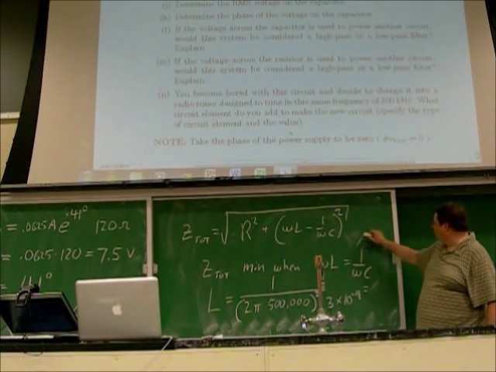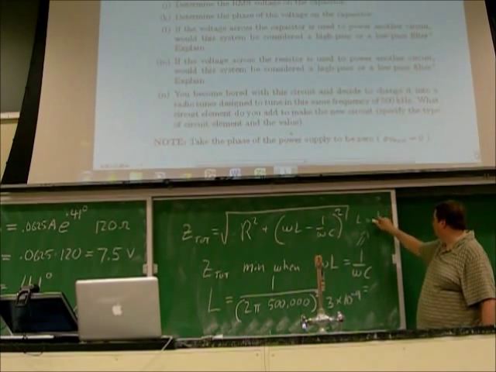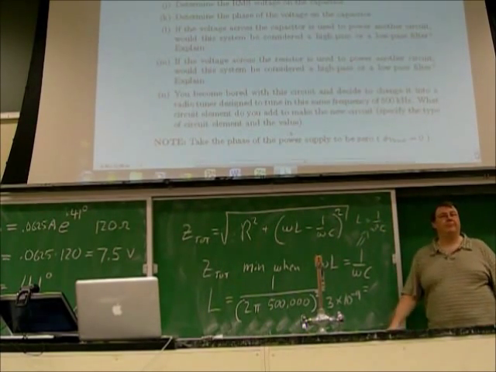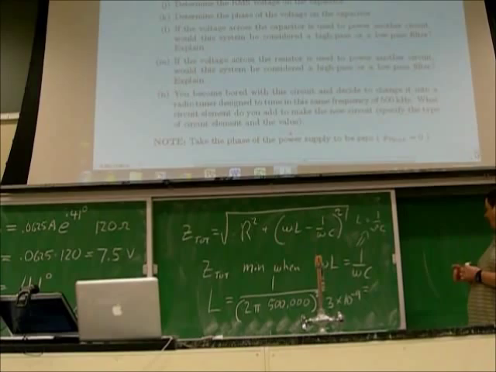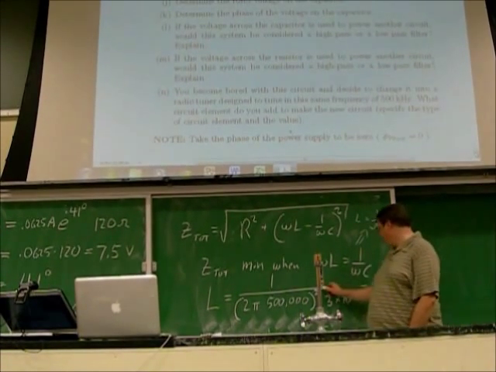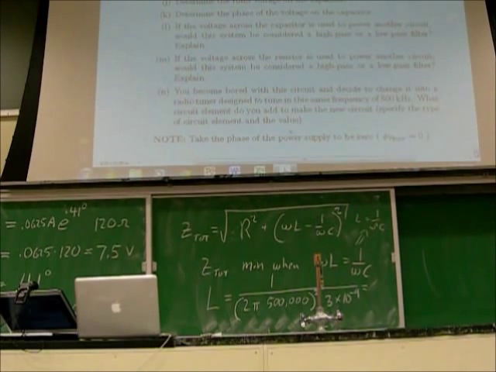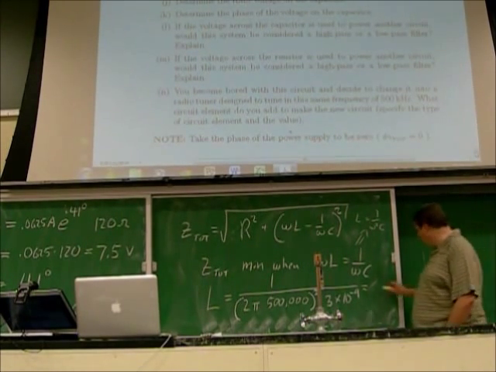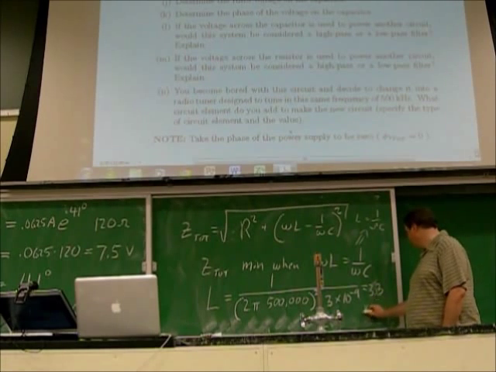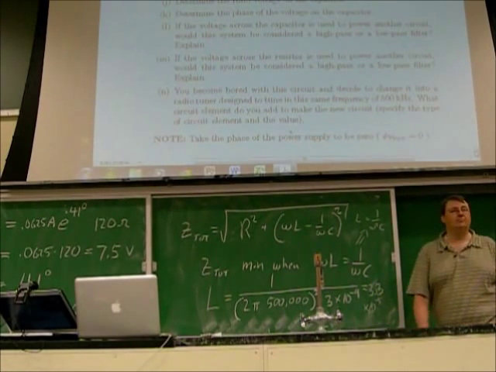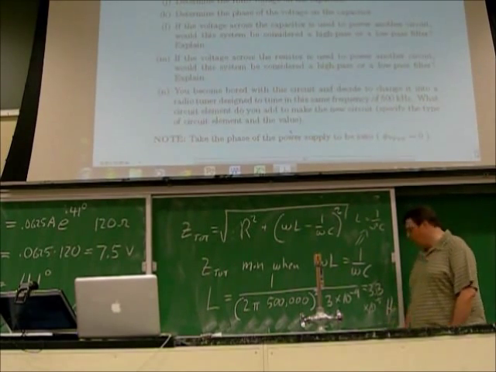Because if I solve this for L, I have to bring that omega from the left to get this L. So what do I get? 3.38 times 10 to the negative 5. 3.3 E minus 5? Yeah. 3.38. Yeah, okay. Henrys.